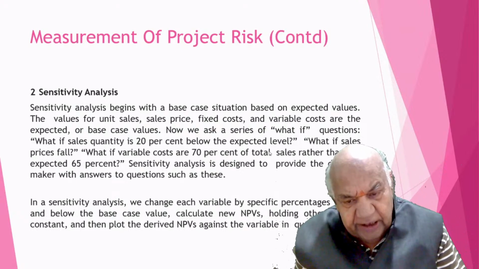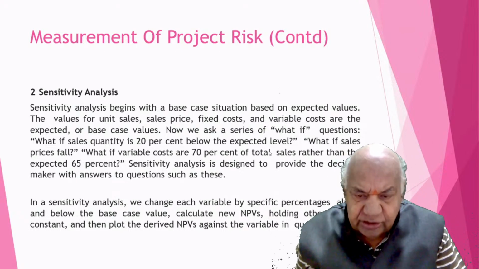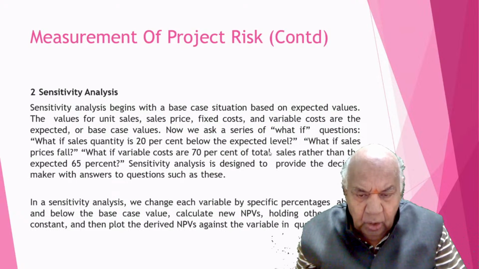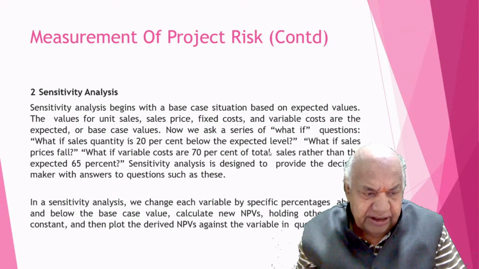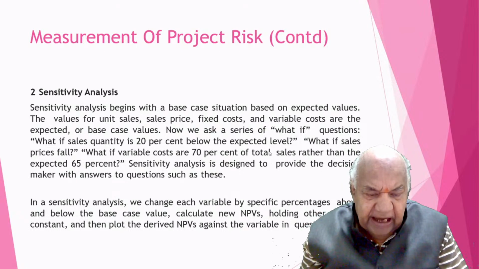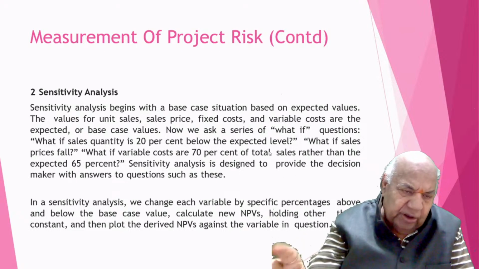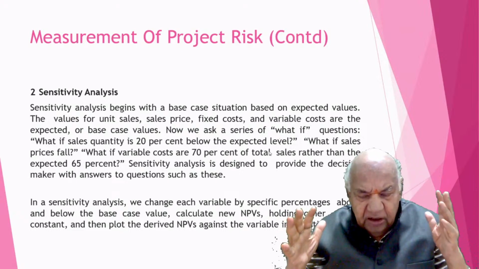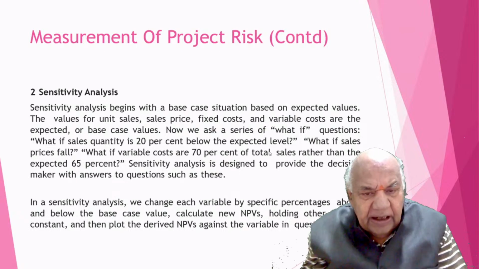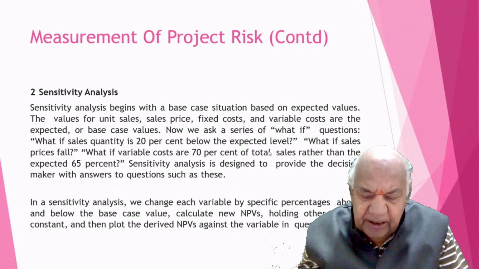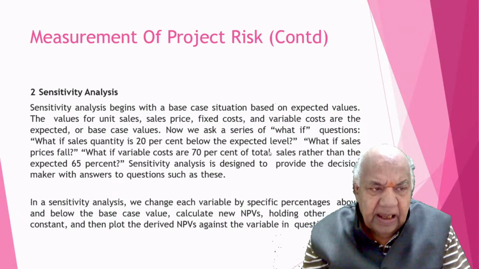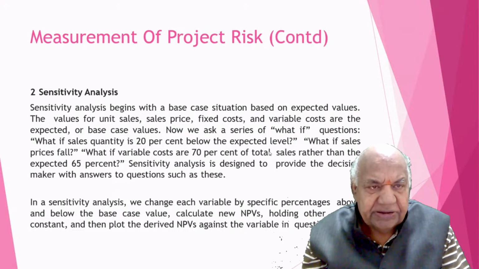And we calculate new net present values, holding other things constant, and then plot the derived net present values against the variable in question. We present the full data so that the managers may take the correct decisions.